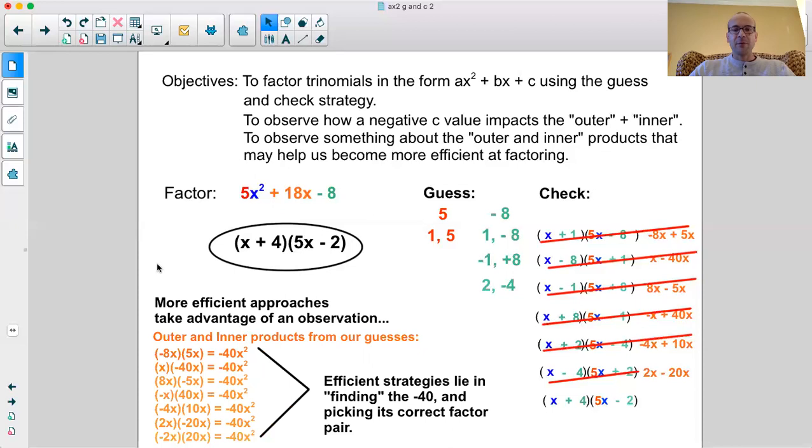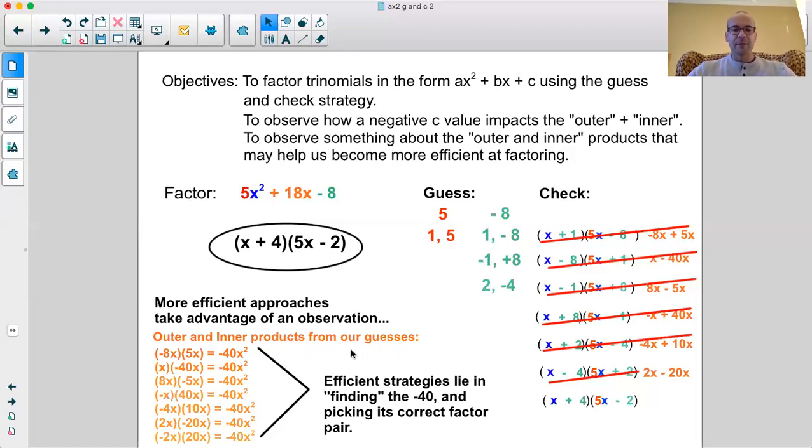So as you move down the line, you're going to see that our efficient strategies are going to lie within us finding the -40 first. And I say -40 because the x squared is going to be a distractor. And then picking the correct factor pairs of -40. Because we learned early, if you try to find things that multiply together to make a number, your list is going to be a lot shorter than all these combinations we've been trying to work through.